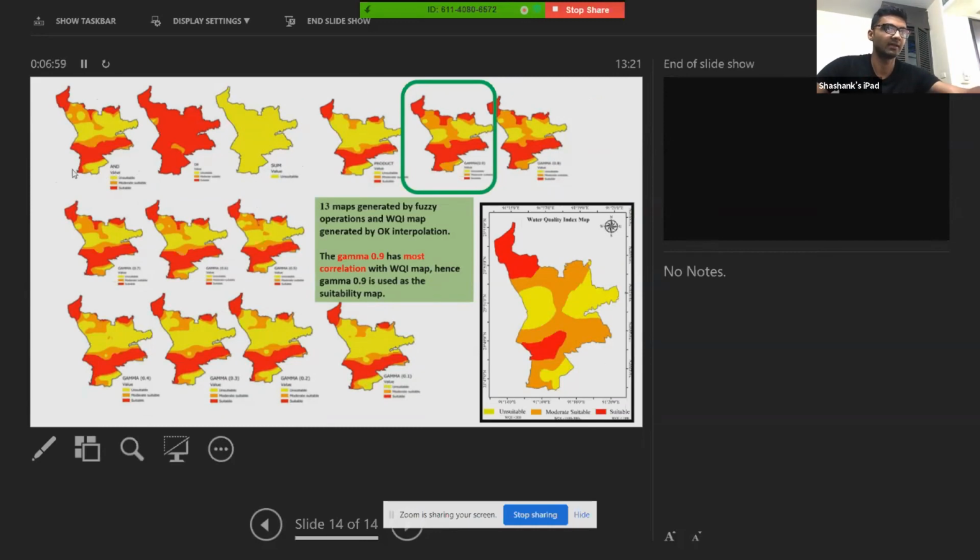The first one is the AND, OR, sum, and it ends at gamma 0.1. If you look at the OR operator and the sum operator, like I said, sum adds all of the values, and OR takes the maximum values. That's why these OR and sum maps are dominated by one color only.